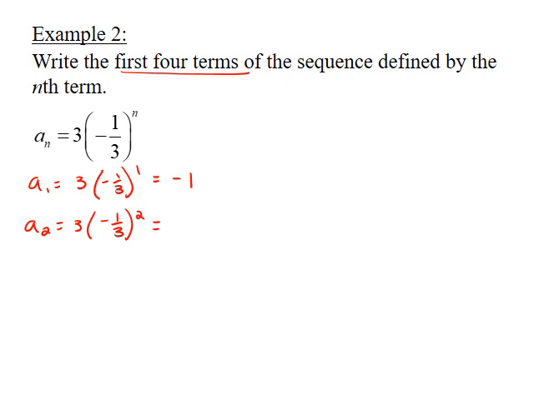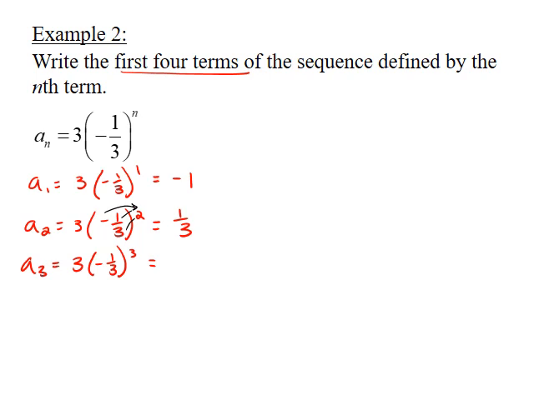Well, anytime we square a negative, the outcome is positive. So we'll square each of these. So this is 1/9 times 3. This results in 1/3. The third term of the sequence, we will plug 3 into the exponent.